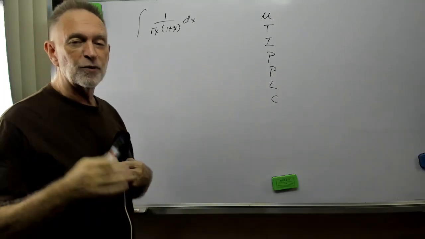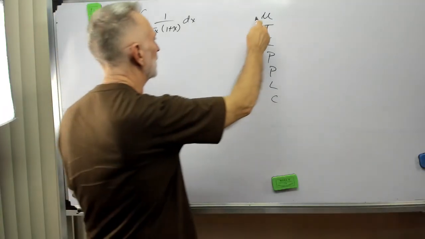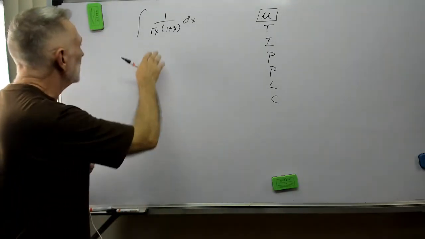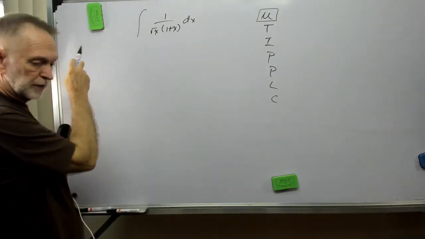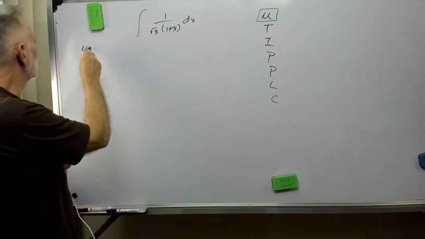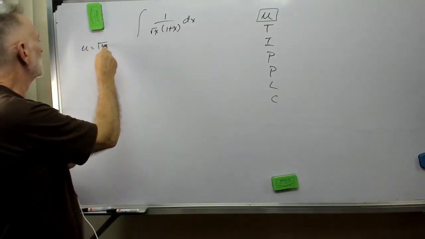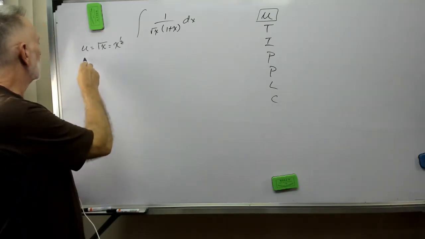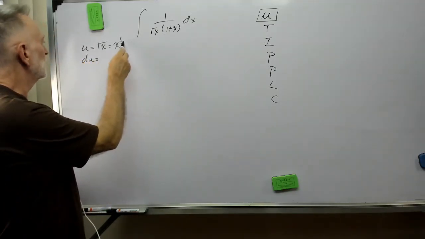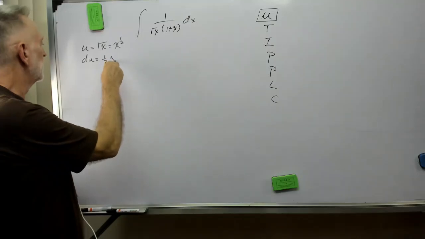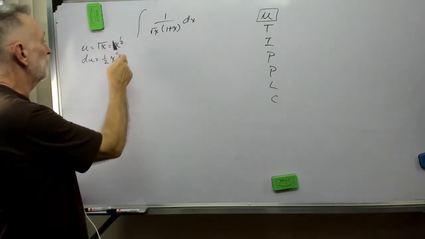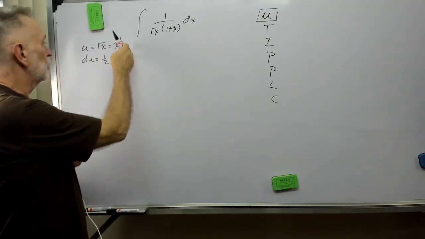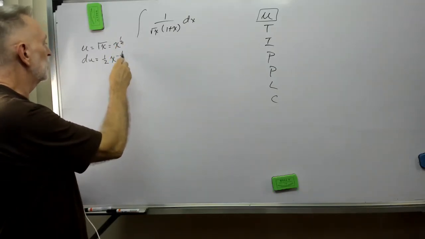I like to start with u-sub a lot, so let's try that. I'm going to let u equal the square root of x, and that's x to the 1/2, right? So du then is, bring the 1/2 down, x to the 1/2 minus 1, so it's 1/2 minus 2 over 2, so it gives me minus 1/2.